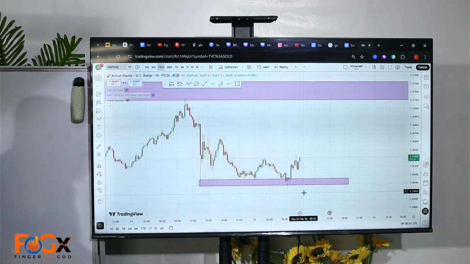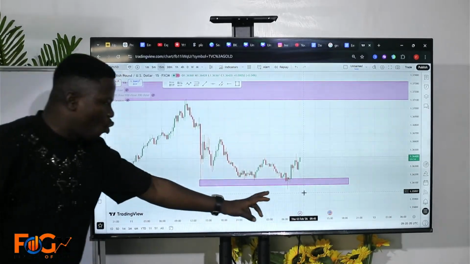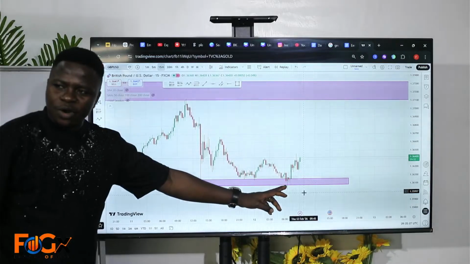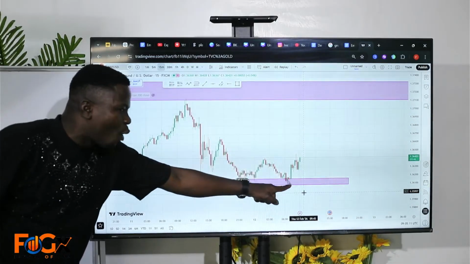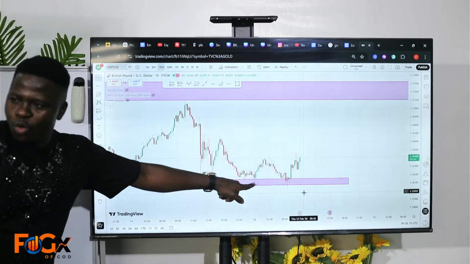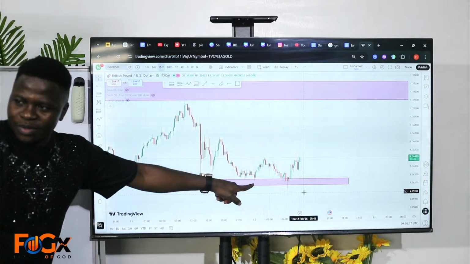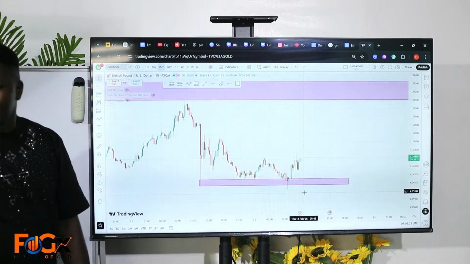Then all of a sudden, it's not completing the new low. This low that is coming here should have taken out this low. Do you understand?